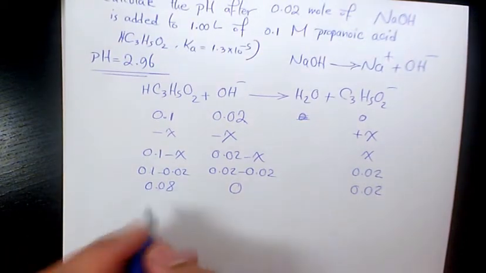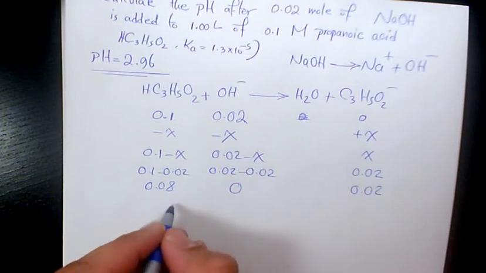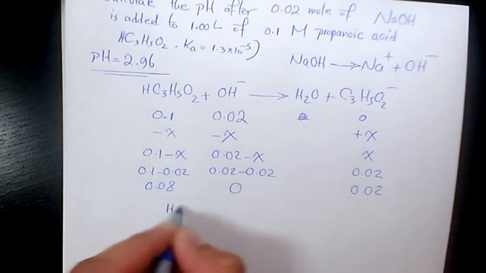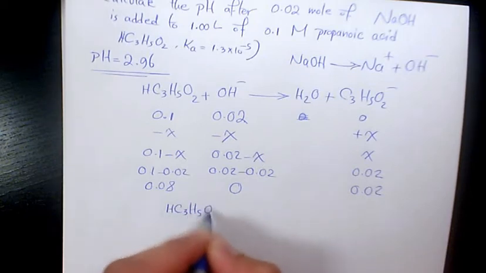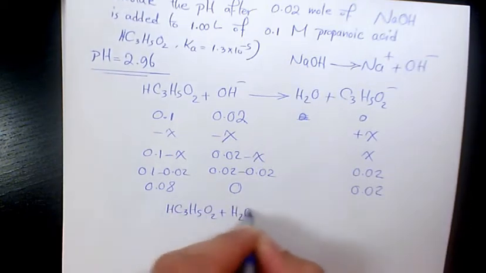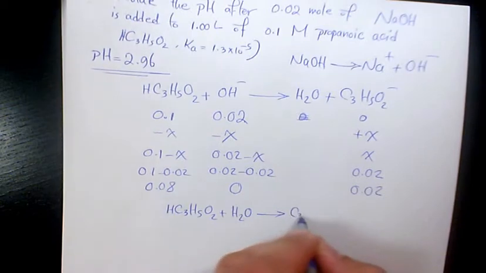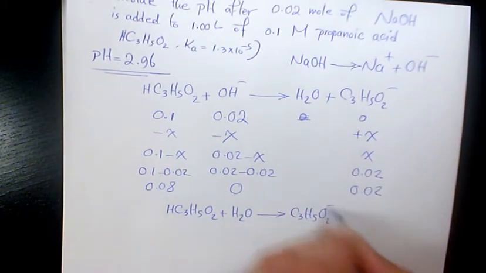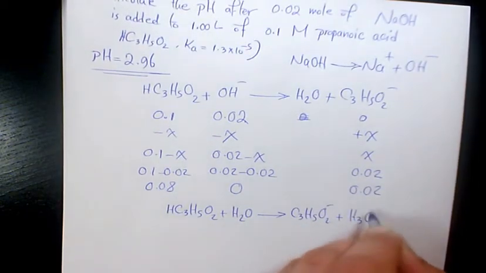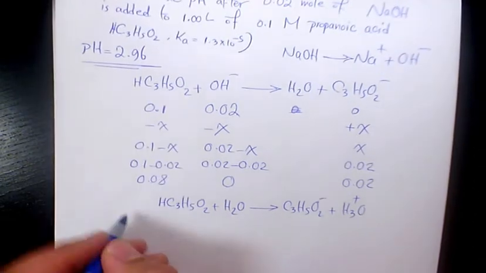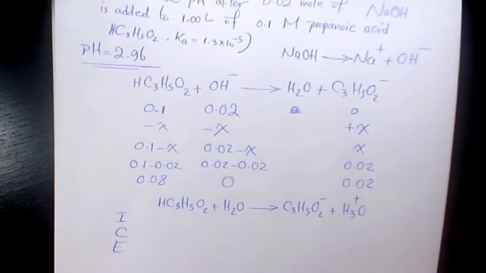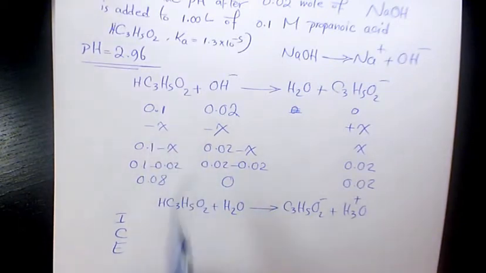Then I can say HC3H5O2 plus water is going to give me C3H5O2 minus plus hydronium ion. Then I'm going to write the ICE table after the reaction, after neutralization.